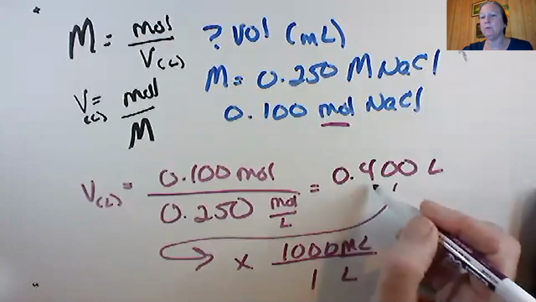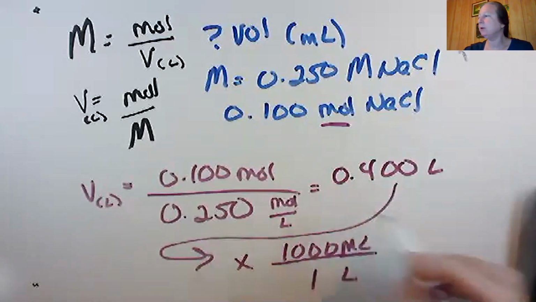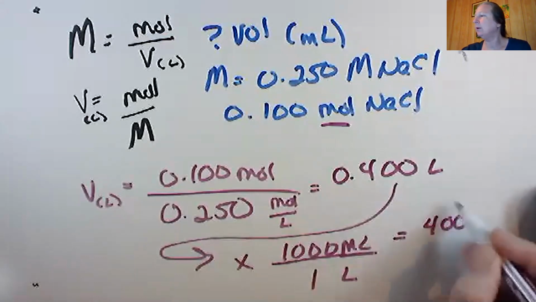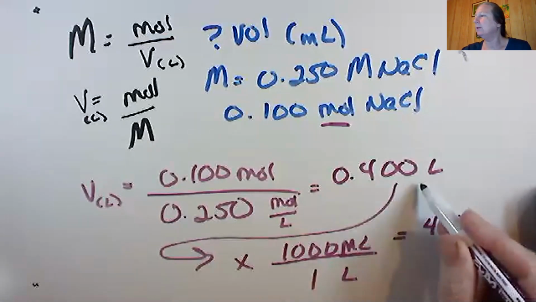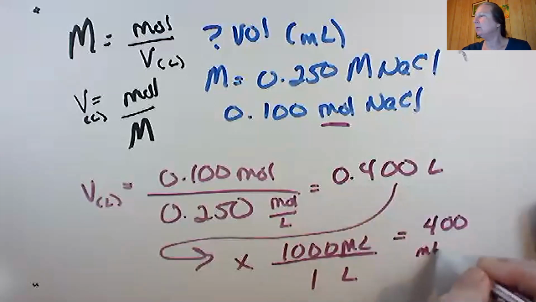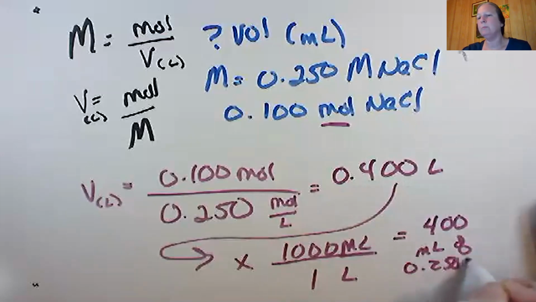So calculate 0.400 times 1,000, and you get your answer, which is 400. 1, 2, 3, yeah, mils of a 0.250 molar sodium chloride solution.